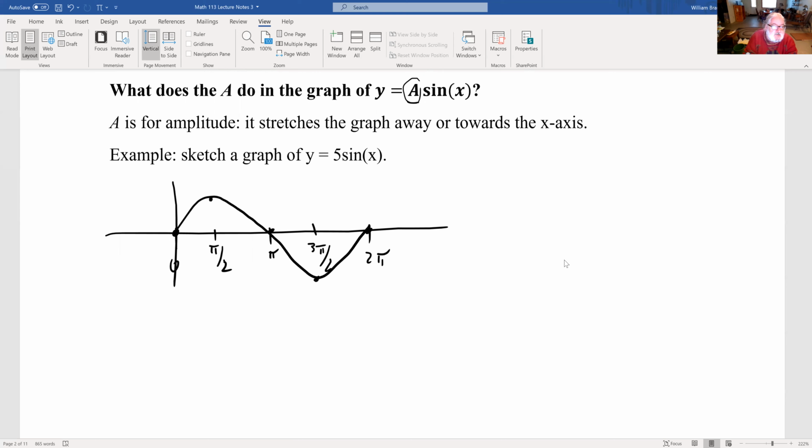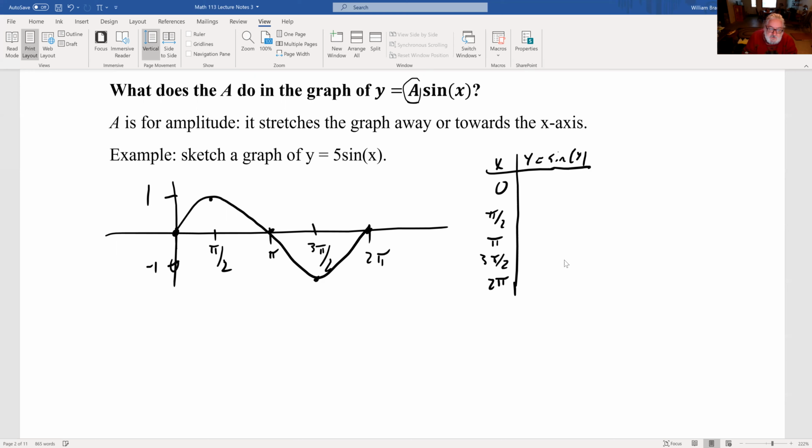So there's the basic cycle. Remember, that's 1 to -1. So what does 5 sine x do? Well, our basic graph, y equals sine x: 0, pi over 2, pi, 3 pi over 2, 2 pi. Those are our basic points.